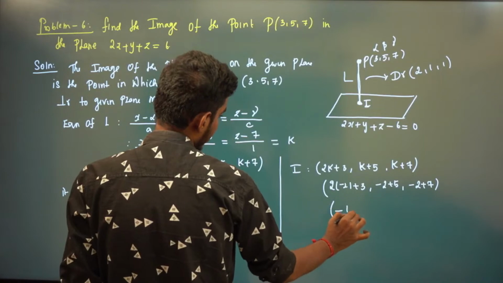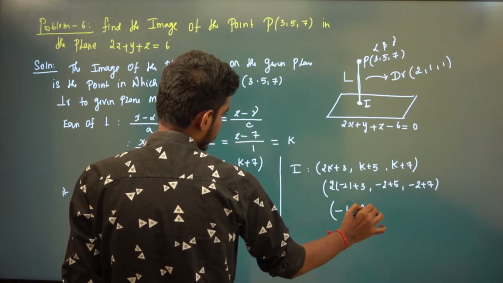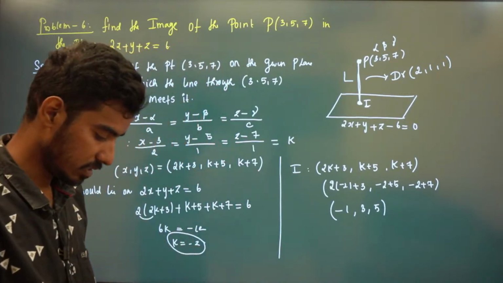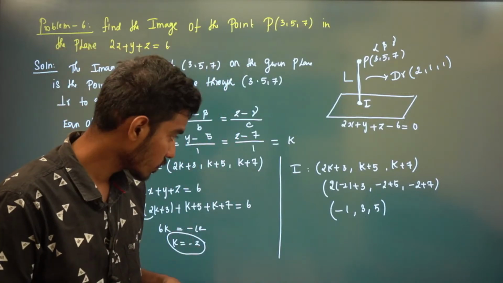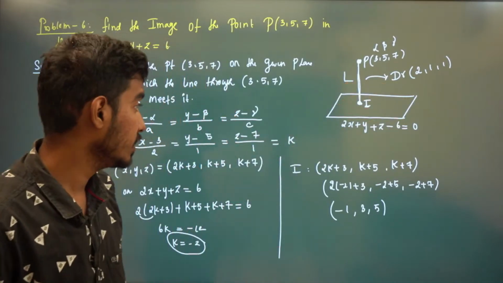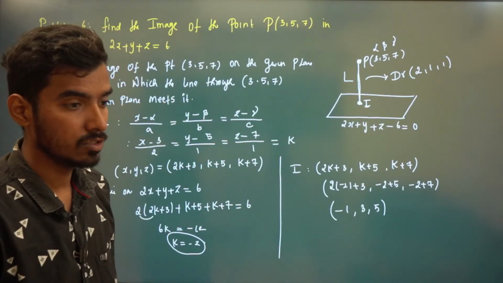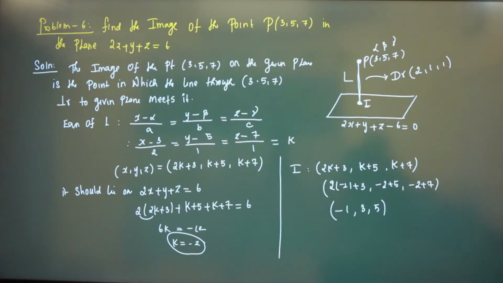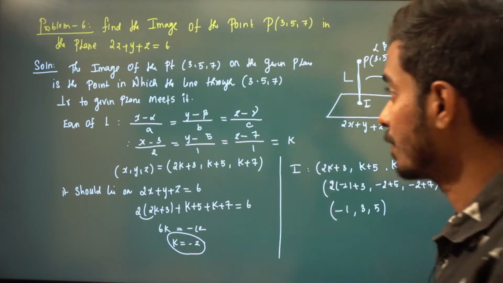So minus 4 plus 3 is minus 1, 5 minus 2 is 3, 7 minus 2 is 5. So (minus 1, 3, 5) is the image of the point (3, 5, 7) on the plane 2x plus y plus z minus 6 equal to 0. Is it clear? Okay.